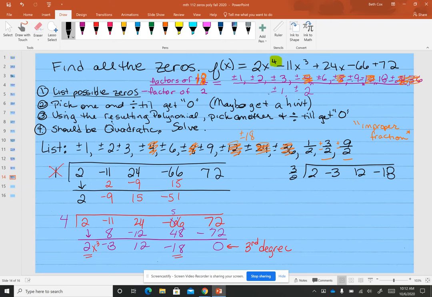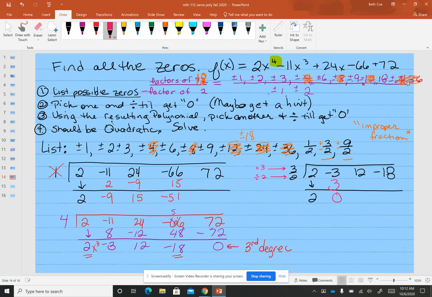Okay, so I'm going to try synthetic division with 3 over 2, and you're like, oh, I don't like fractions. Remember, the denominator is divide by 2, and the numerator is multiply by 3. So I'm going to do 2 divided by 2, which is 1, and 1 times 3 is 3.